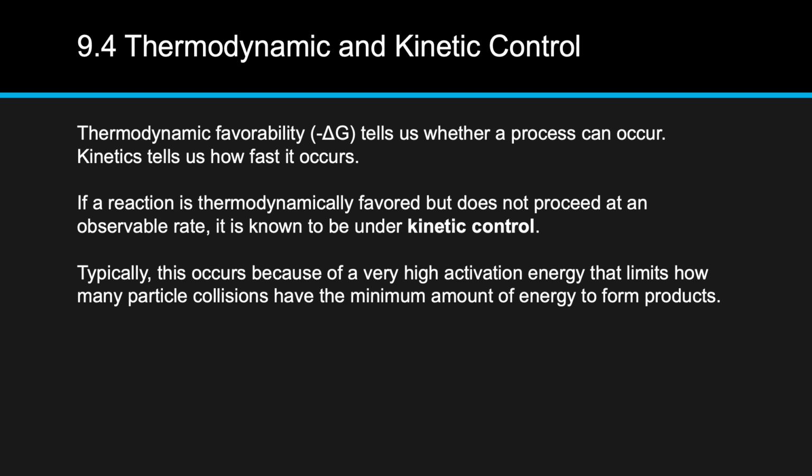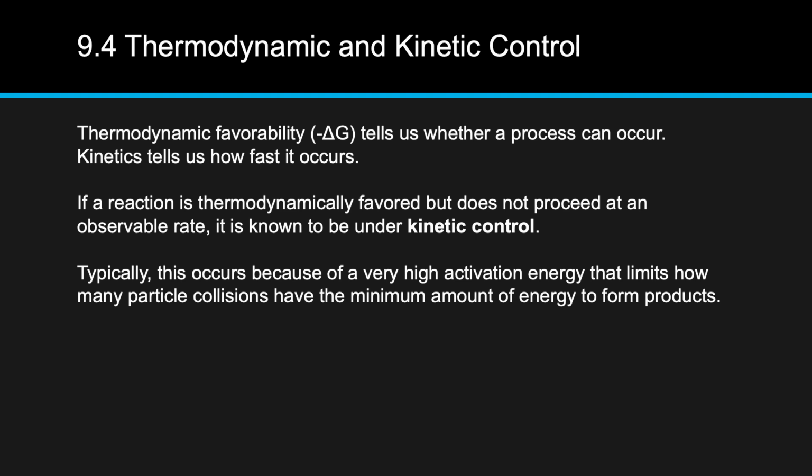So thermodynamic favorability, which we now know can be denoted by negative delta G, tells us whether a process can occur. And kinetics, which we learned a lot about in Unit 5, tells us how fast it occurs. Now, if a reaction is thermodynamically favored and it does not proceed at an observable rate, it doesn't mean that it's not thermodynamically favored.